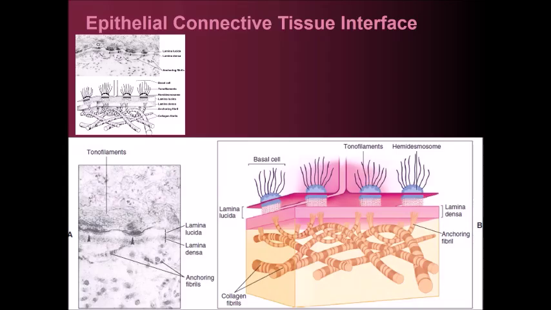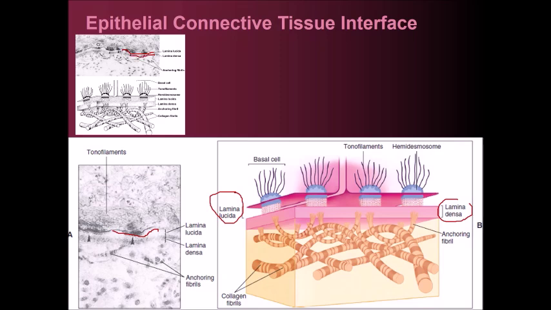Between the epithelium and the connective tissue, the interface, we call it basement membrane in light microscope, and in electron microscope we call it basal lamina. The basement membrane or basal lamina is composed of two parts: lamina lucida and lamina densa. Lucida because it looks lighter in color. The darker one is the lamina densa.